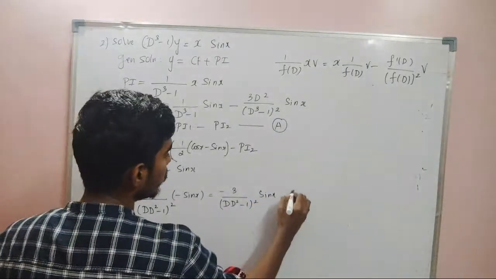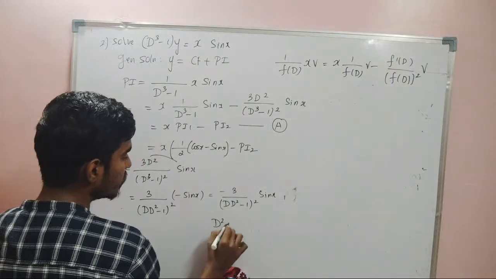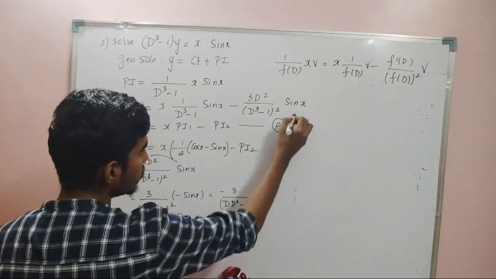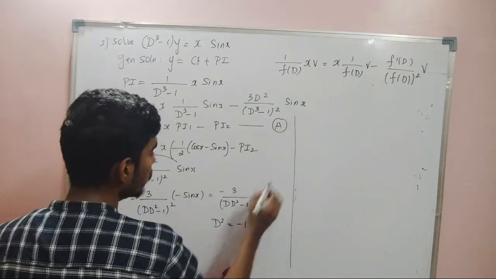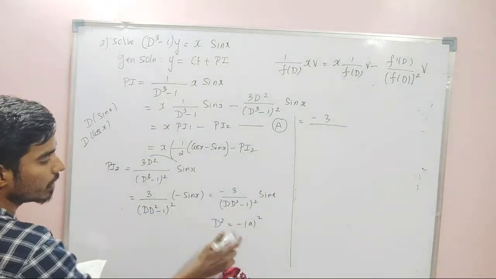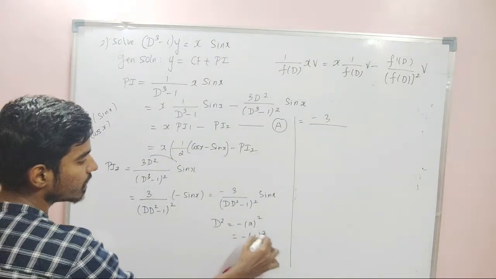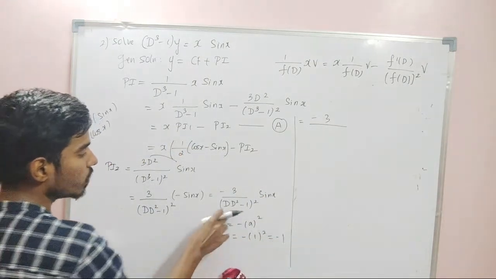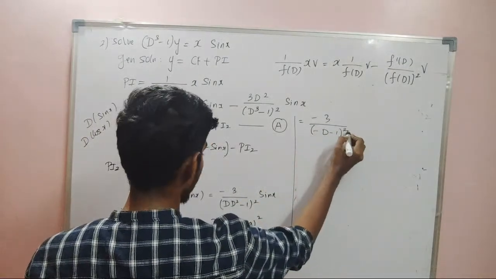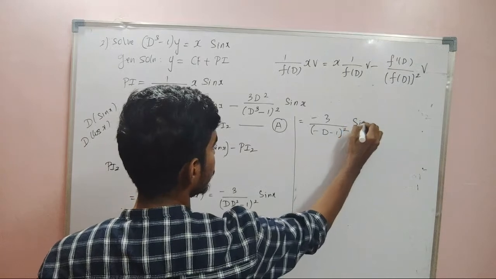So again you will replace d square with minus a square. So this will be minus 3 divided by, we replace d square by minus of 1 square, which is minus 1. This will be minus d minus 1 whole square into sin x, right?